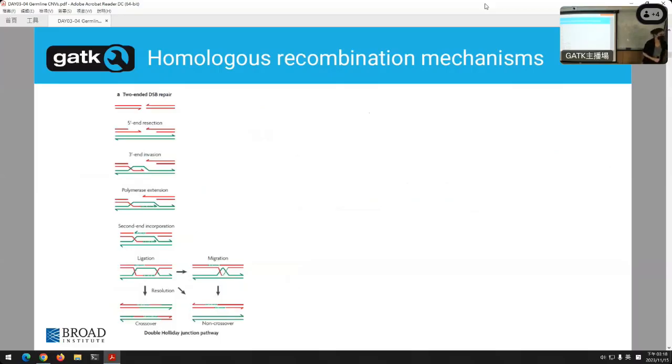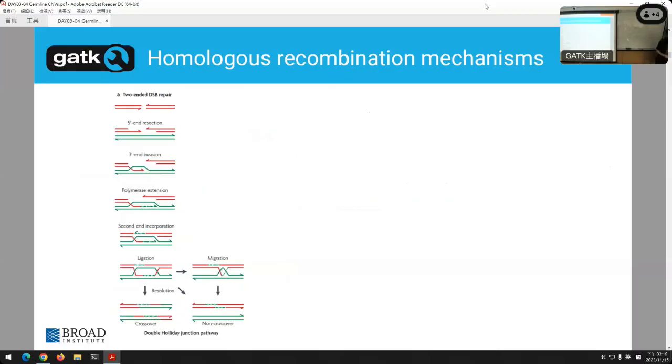It happens during meiosis, but it also happens to repair double-stranded breaks in DNA. So if there's any sort of damage to your DNA, maybe from sun exposure even, then homologous recombination is a process that tries to repair that damage, repair that double-stranded break. And it usually does a pretty good job.